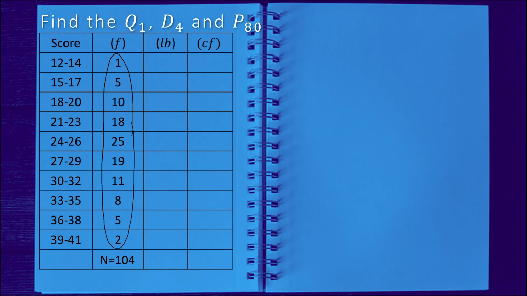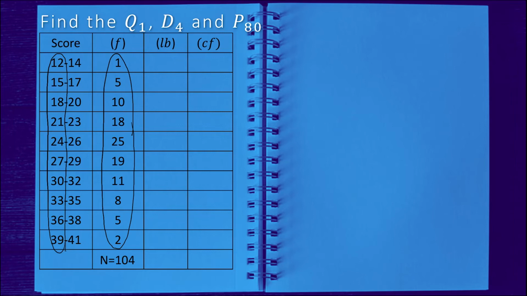After po natin ma-add yun, hanapin po natin yung lower boundary na meron tayo. Saan ba tayo titingin para makuha yung lower boundary again? Dito po sa lower class. Magsusubtract tayo ng 0.5 sa lower class.